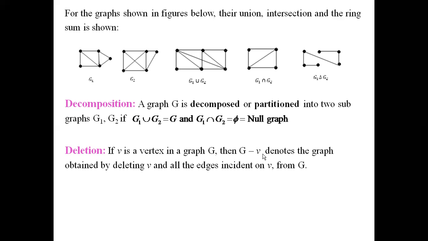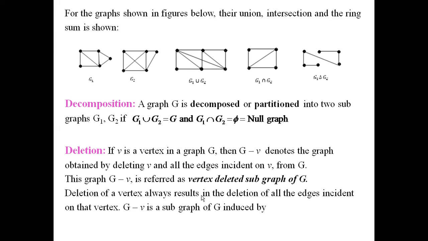When we delete a vertex, it in turn says that we are deleting all those edges which are incident on that vertex V. So that gives us the deletion of the vertex from the graph. So this graph G minus V is referred to as the vertex deleted subgraph of G. When we perform G minus V, that is deleting a vertex from the graph G, this is referred to as the vertex deleted subgraph of G.